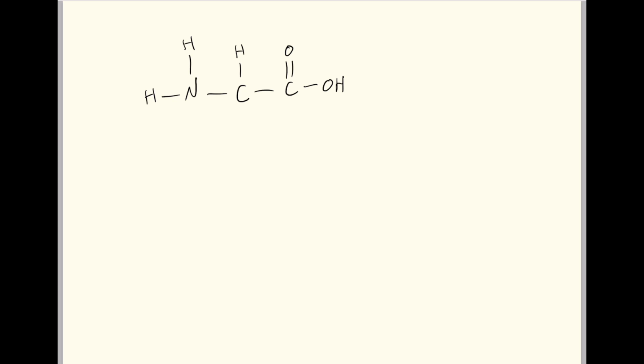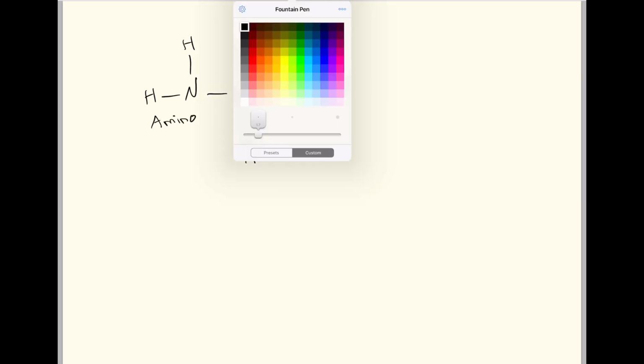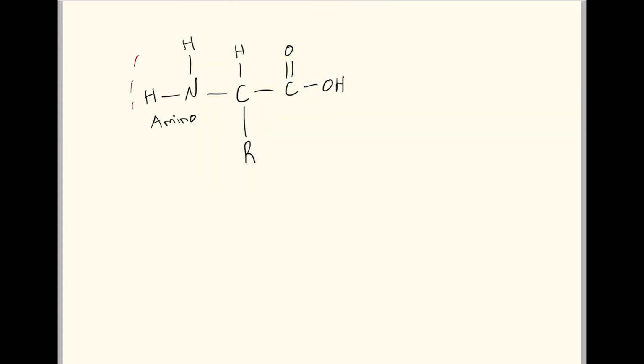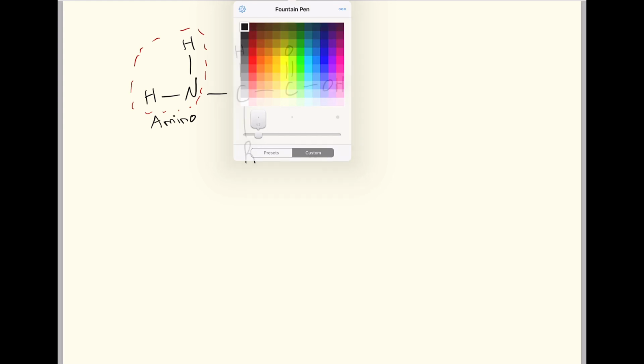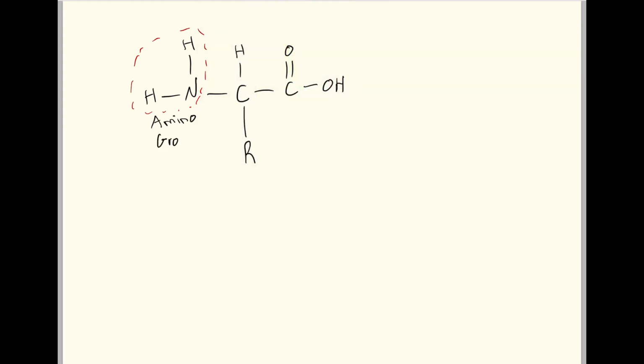What's unique about this amino acid is that it branches off to an R, which means this is a side chain. So I'm going to label this so you guys take note. All of this right here is the amino group.